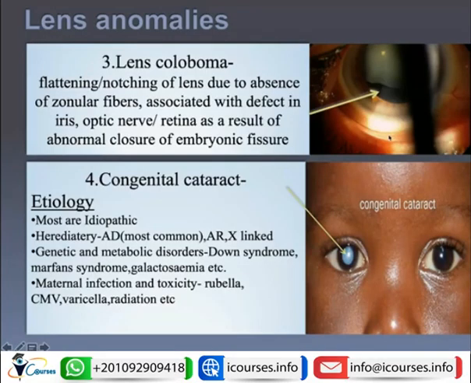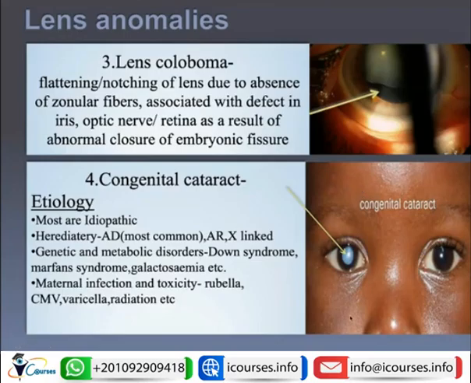Lens coloboma presents with a defect in the lens and in the zonule, and can be either isolated or associated with other congenital colobomas. It is most commonly present inferior nasal, and it is due to failure of closure of the embryonic fissure.